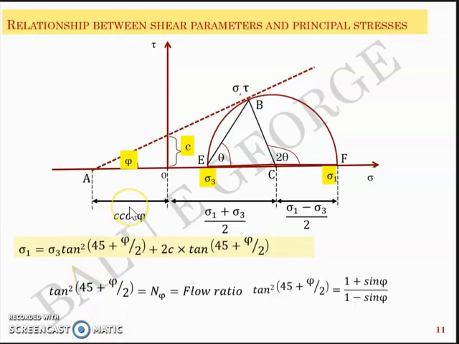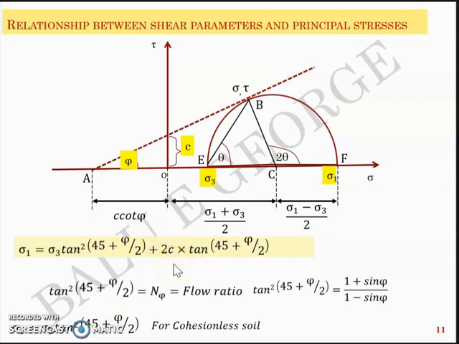And tan square (45 plus phi by 2), based on trigonometry, can also be represented as 1 plus sine phi by 1 minus sine phi. Now this term is of importance when you study the lateral earth pressure of soil. Sigma 1 is equal to sigma 3 tan square (45 plus phi by 2) when you have C equal to 0.